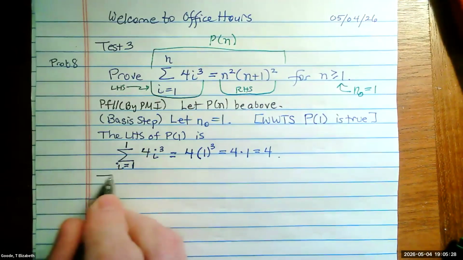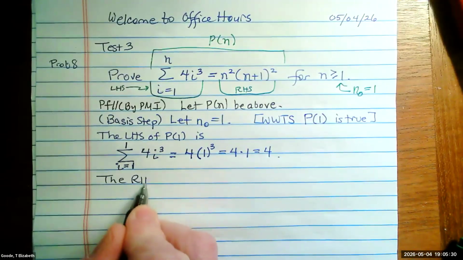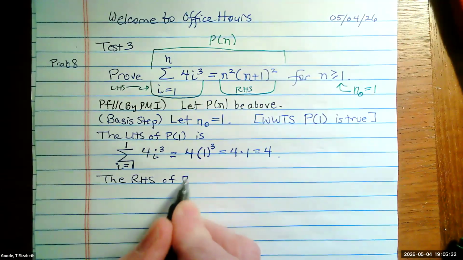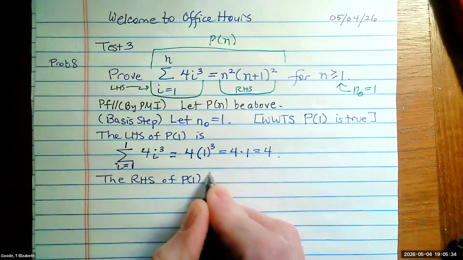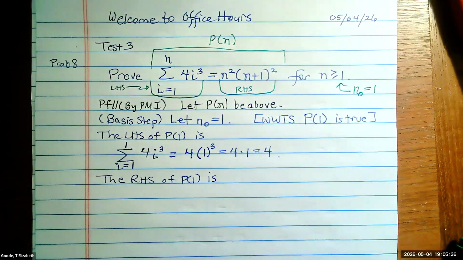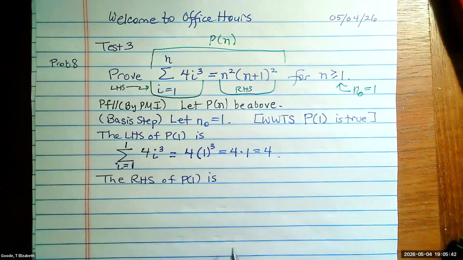Let's check out the right-hand side of P of 1. We always look at the left-hand side separately from the right-hand side. So what is the right-hand side of P of 1? It should be 1 squared times (1 plus 1) squared.